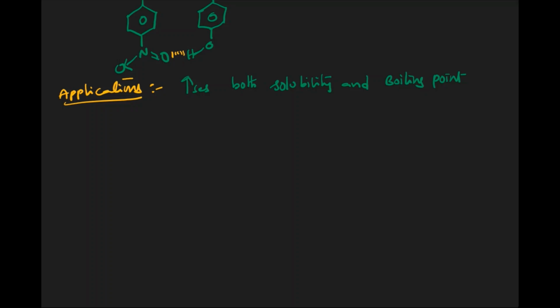We know that melting point, boiling point and all these properties depend on intermolecular attraction. Because of intermolecular hydrogen bonding, there will be more attraction between the molecules. That is why we can consider an increase in boiling point here.